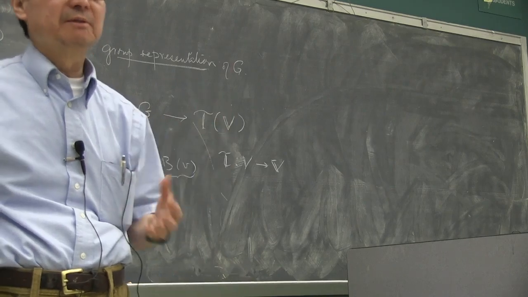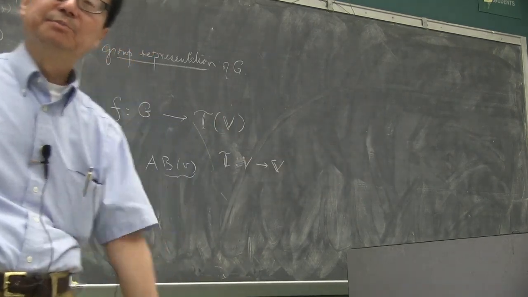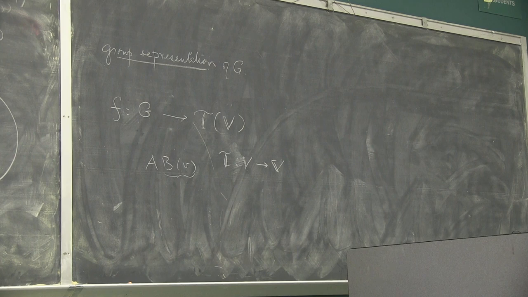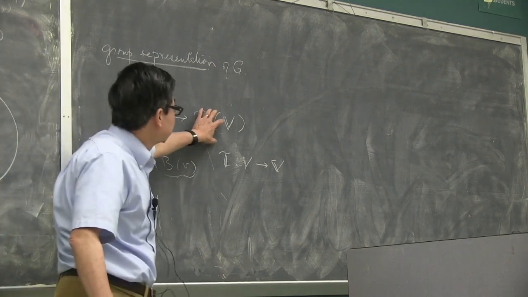If both of them are invertible, then the composite is also invertible, and so on and so forth. So you can think of this thing as a group.